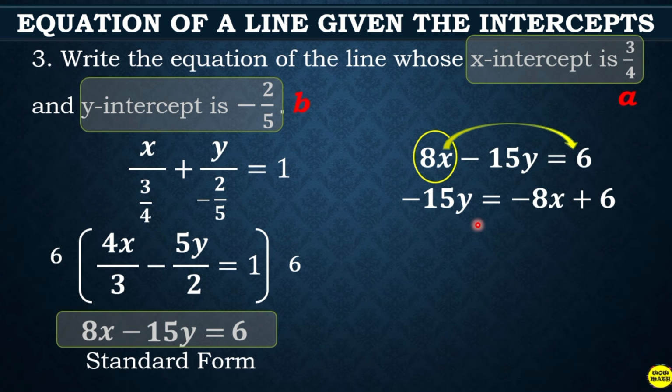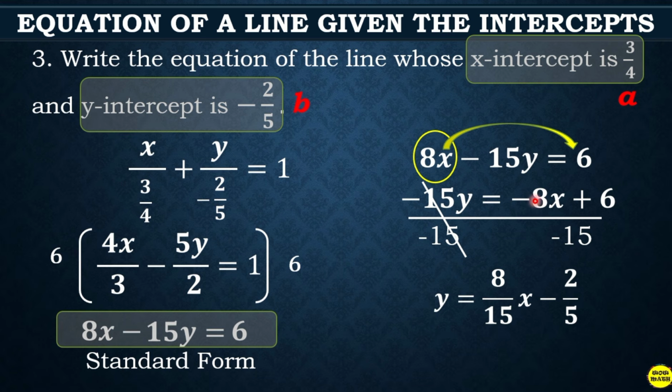Okay. Now, kailangan ma-eliminate natin ito, maging 1. So, para maging 1, divide natin siya by negative 15. So, makakancel na siya. 1 na lang ang matitira dyan, kasi negative 15 divided by negative 15, that is 1. Okay, so y na lang po.